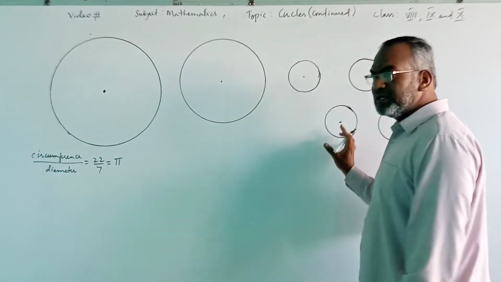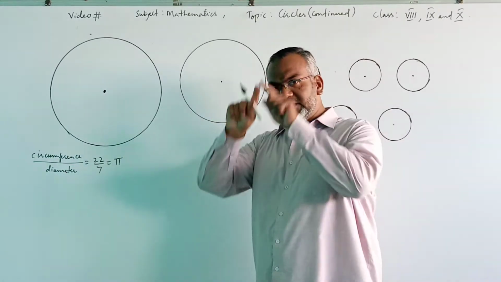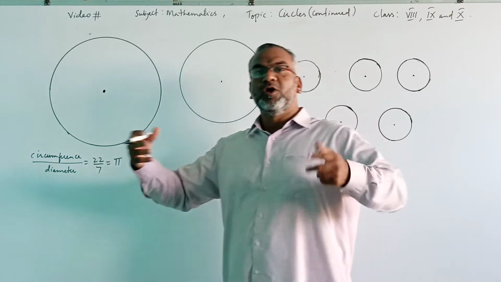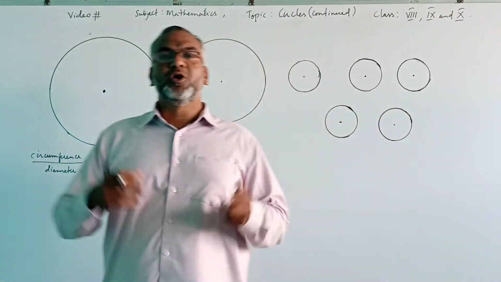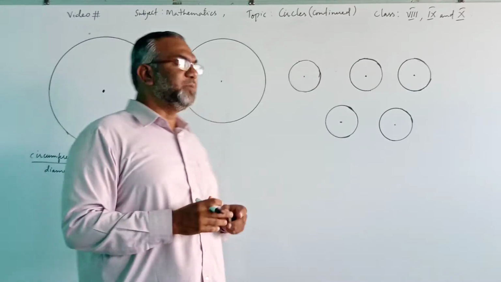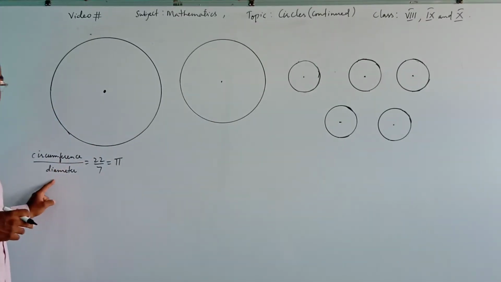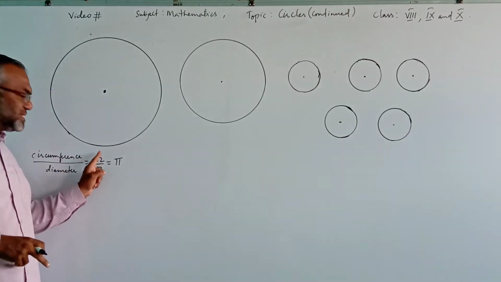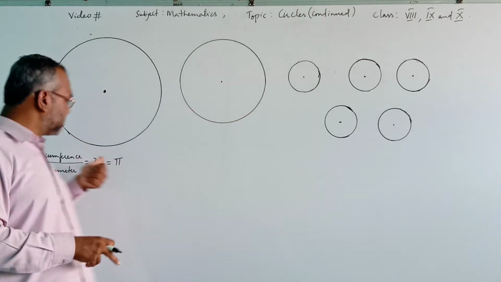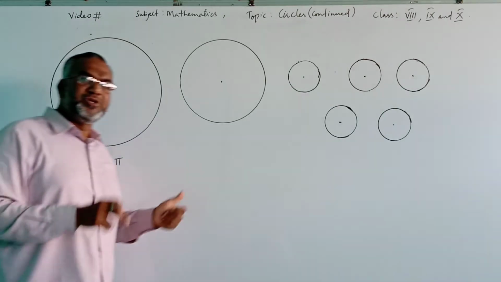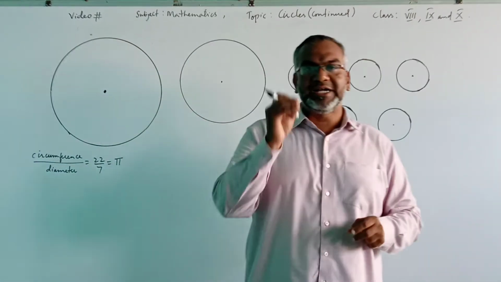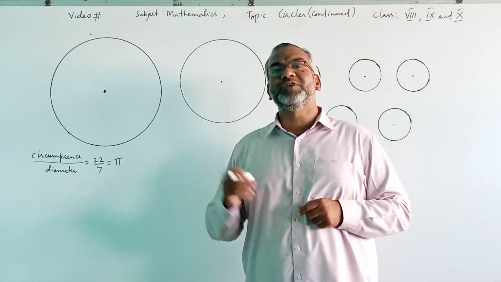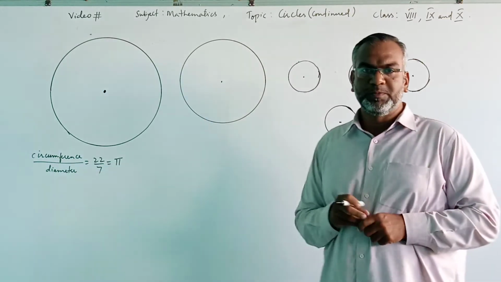Take any circle, the length of its circumference may be 5 centimeter, 10 centimeter or 15.7 centimeter or 1 meter, whatever it may be, and if you divide that circumference by the diameter of the same circle, then for any circle you will always get 22 divided by 7, that is pi, which in decimal form we take as 3.142, right?